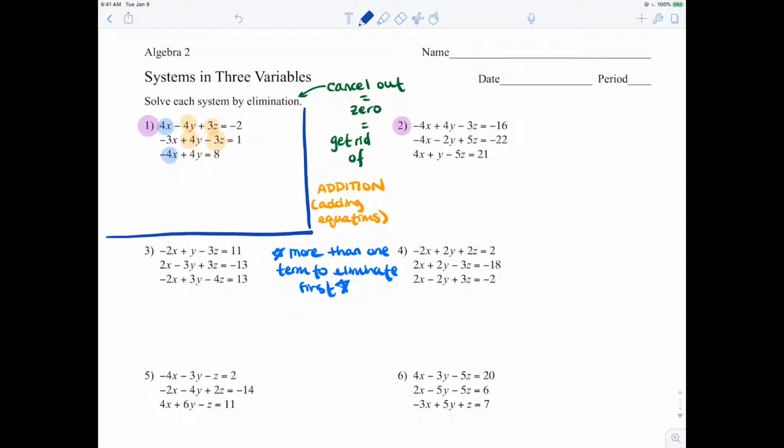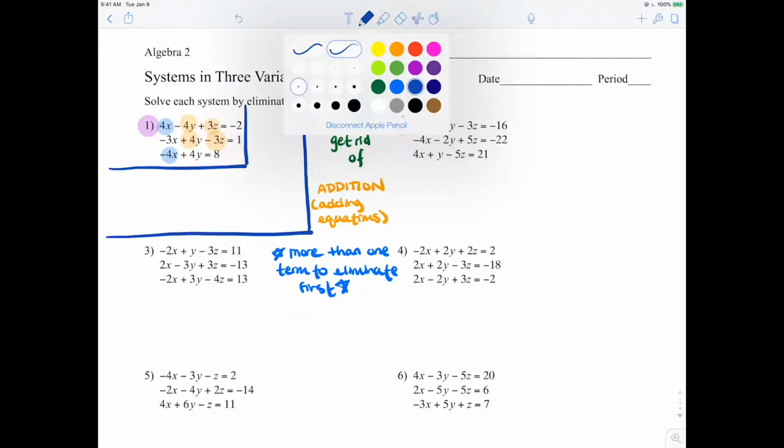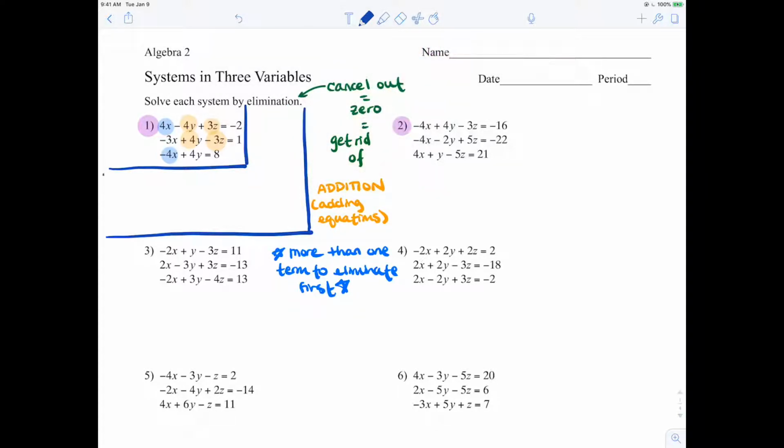So adding the first 2 equations together gets rid of 2 of our variables, and then I'll have just the one to solve for. And I'm marking off my free space so I can organize when I solve for each variable. Step number 1 that I'm going to do is to add the first and the second equations together: 4y minus 3z equals 1.